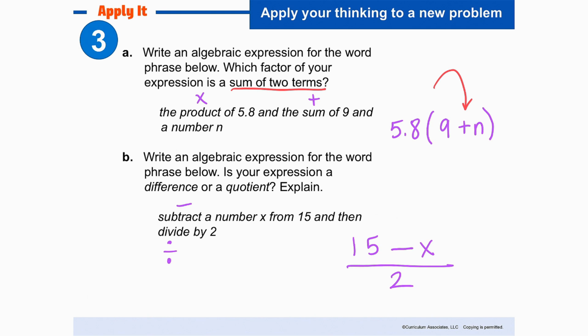That's one way to write it, because this division symbol here is represented by a fraction bar. Or the other way we can say it is subtract a number. We don't know the number, so we're going to put x from 15, then divide by 2. Okay? You don't actually need those parentheses, but actually, yeah, let's go ahead and put those in, because then we can follow the order of operations there. Okay, so either one of those is fine.